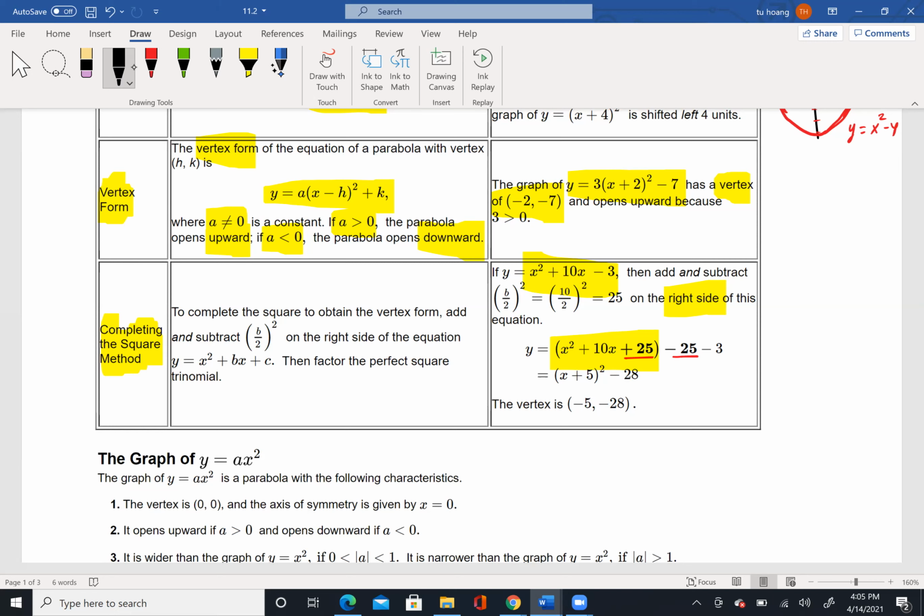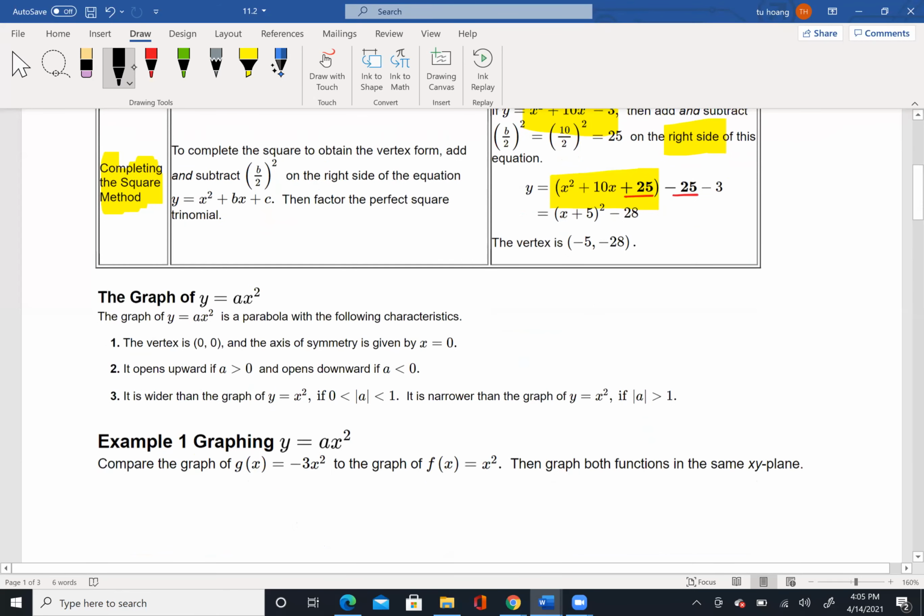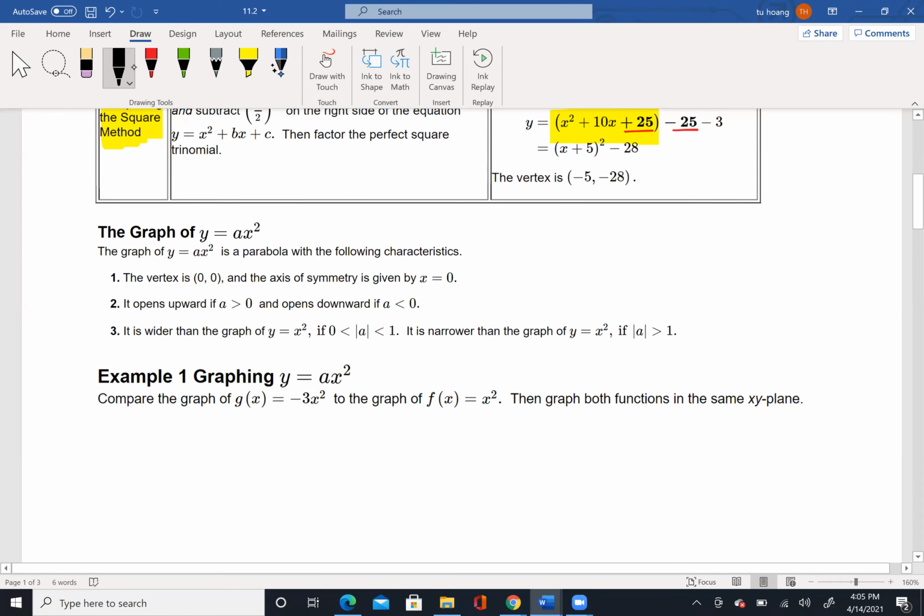Okay, so let's go ahead and talk about the graph of y equals ax squared.